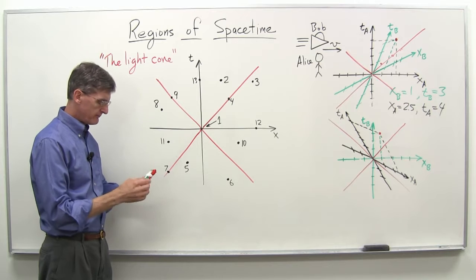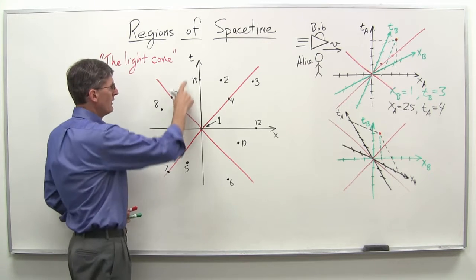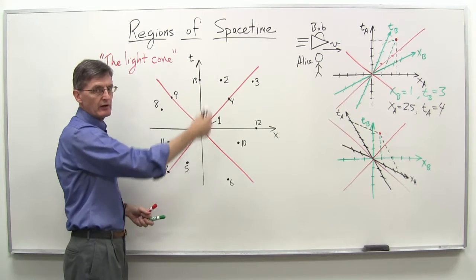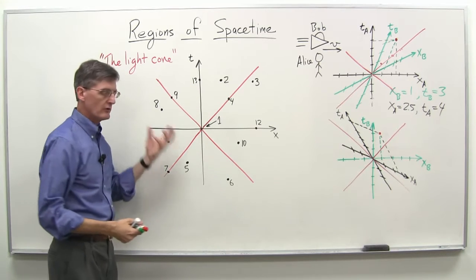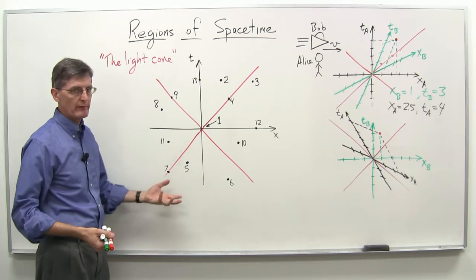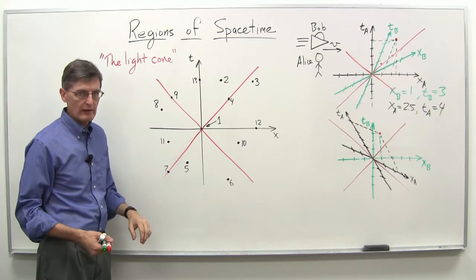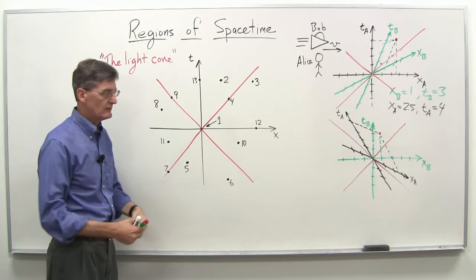Sometimes you'll see this diagram in certain books with, and we mentioned this before, I believe, ct here, c times t, and that also essentially puts things in units of 1. But we'll just assume T is in years, and then x has to be in light years or light seconds, etc.